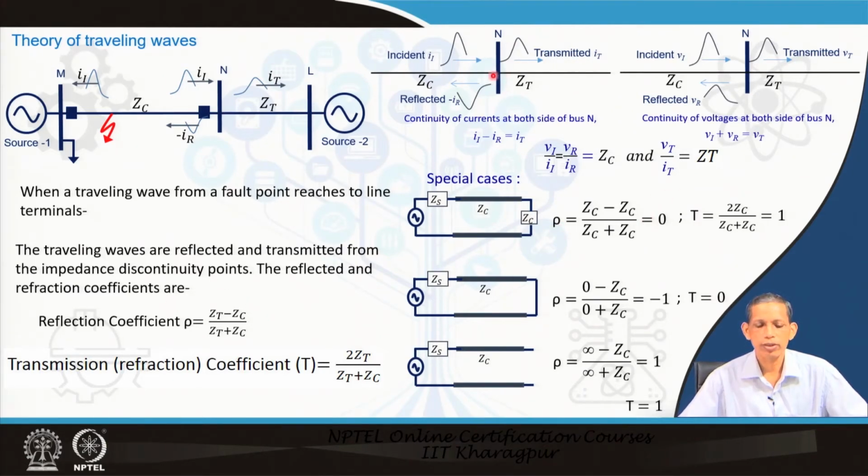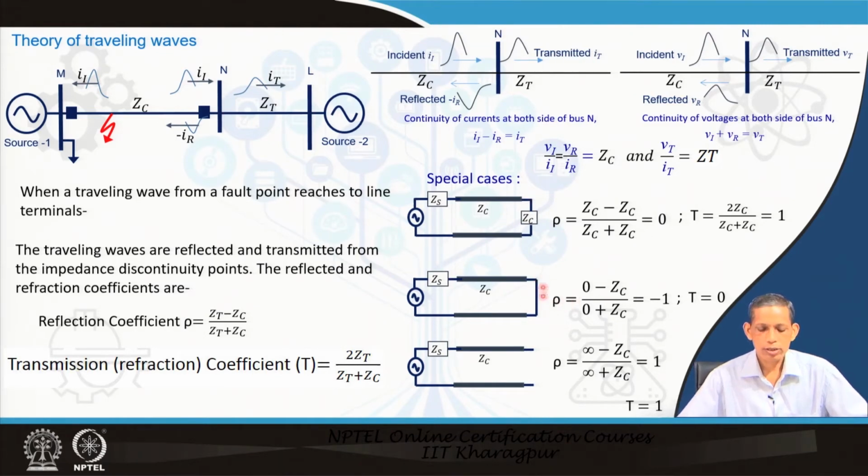It means that nothing will be reflected. Now, the transmission coefficient T becomes equal to 1. If you substitute this relation, T becomes 1. So everything will be transmitted, and it will not find any discontinuity or mismatch at this point.